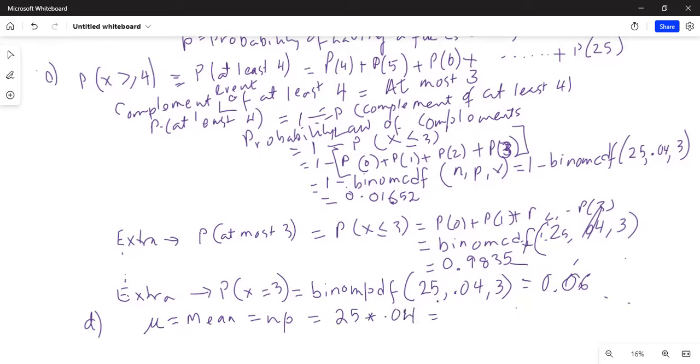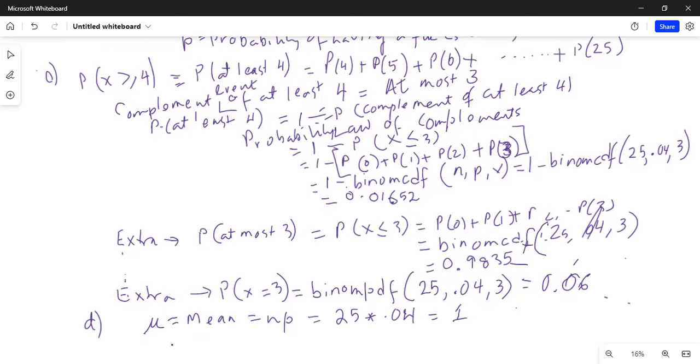So 25 multiplied by 0.04 should be 1. So on the average, 1 out of 25 people will have the flu. Okay, so the answer is 1.